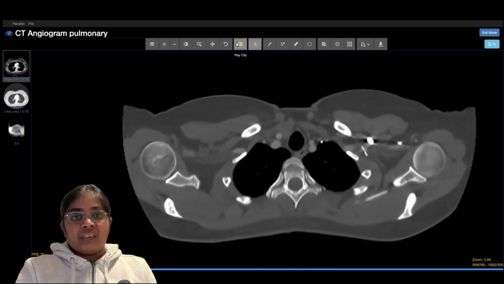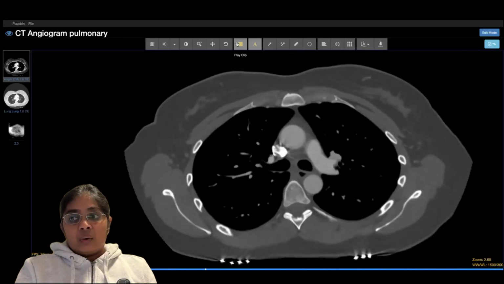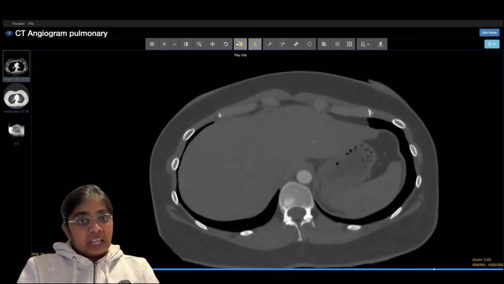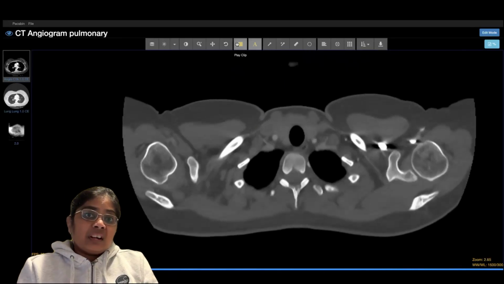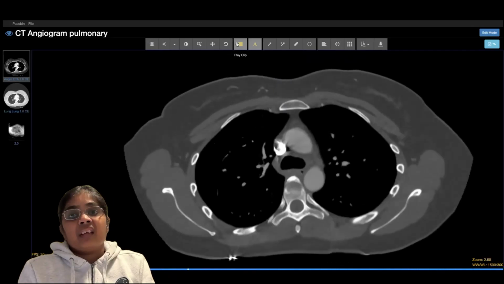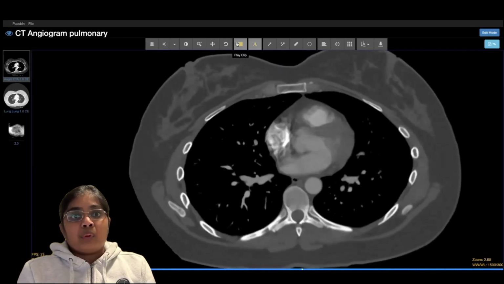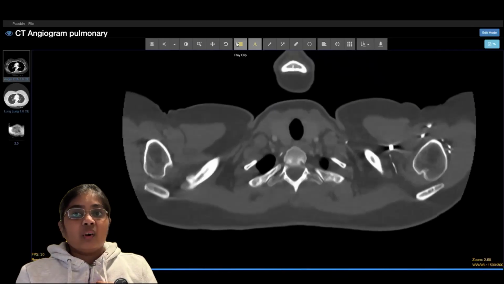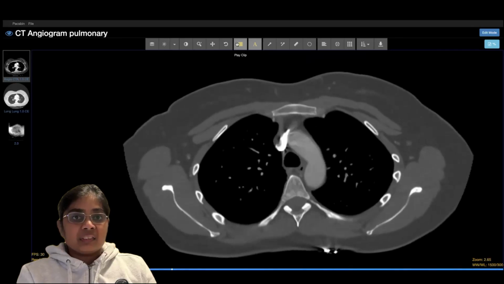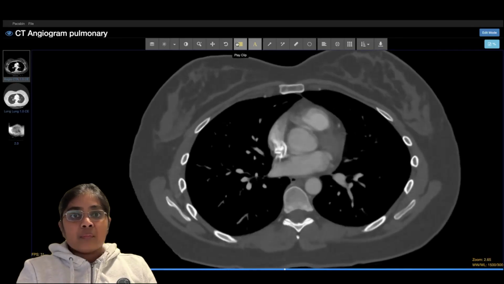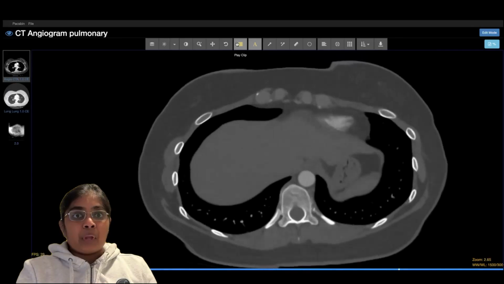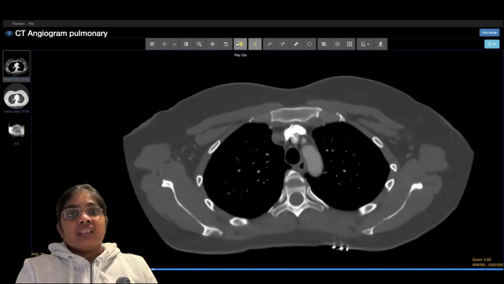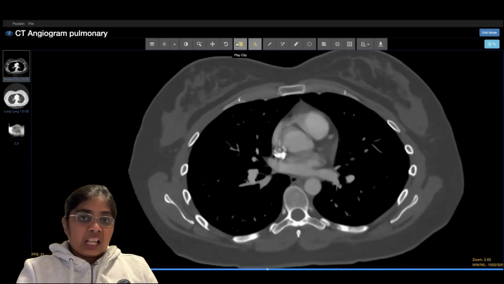The other thing to say is that with the pulmonary arteries, the apical segment of the lower lobes has a superior supply, and evaluating it in a different plane I find very helpful. And when I am looking at the lung parenchyma itself, I use MIP to help me evaluate for any lung nodules.